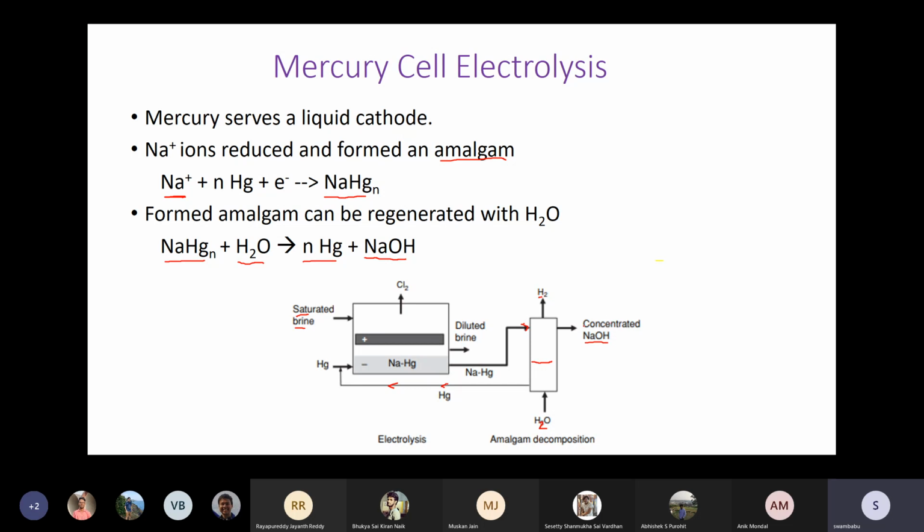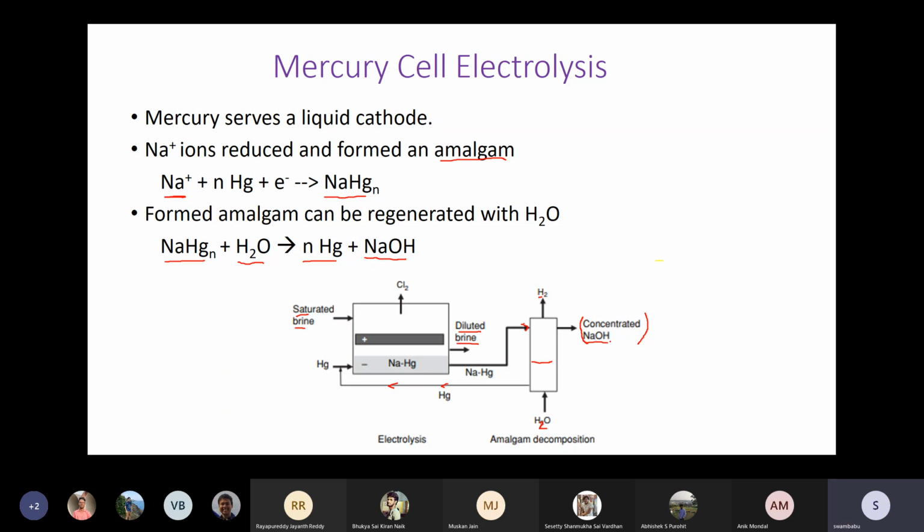Now the NaOH produced here is in no way contaminated with salt, because we are only taking the amalgam formed here and reacting it with water. The dilute brine is not connected to this at all.